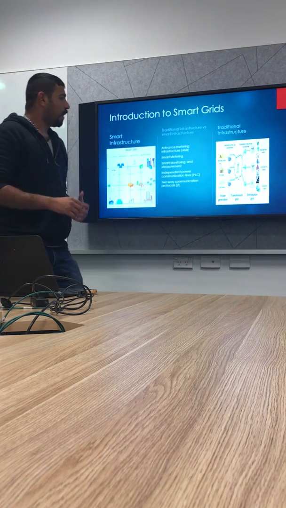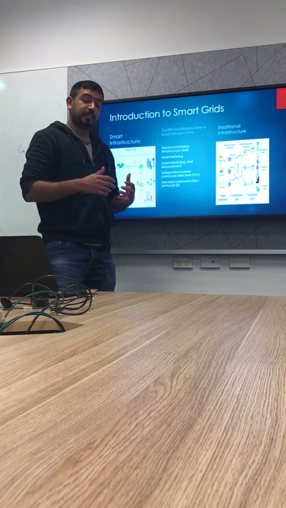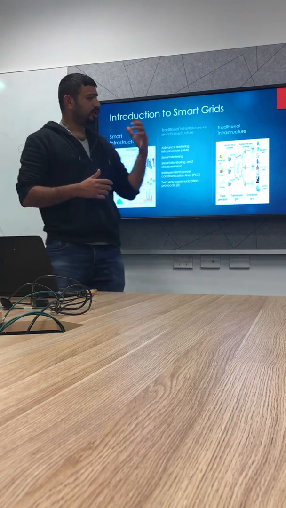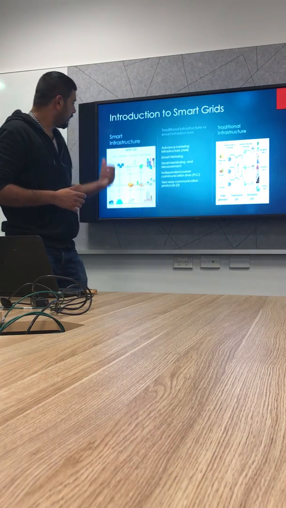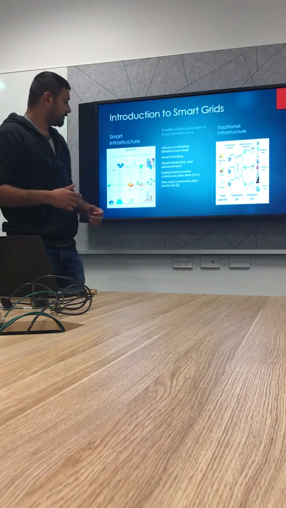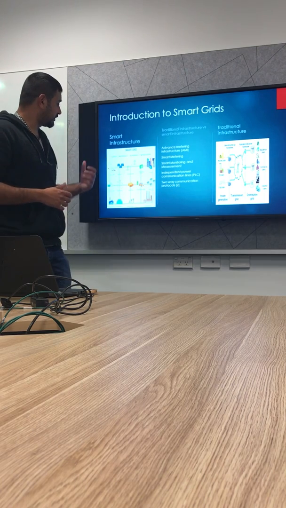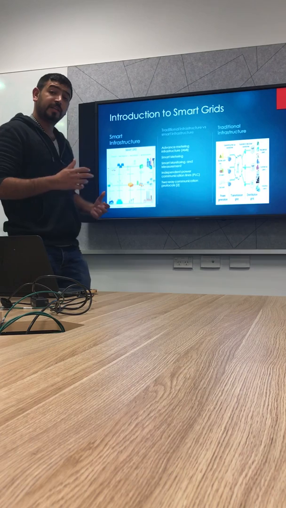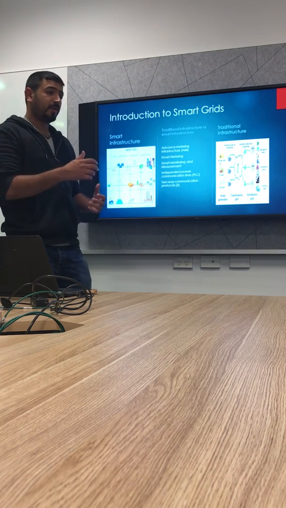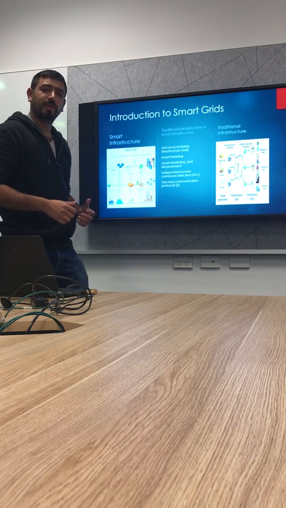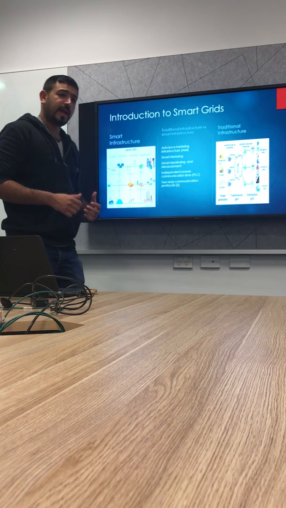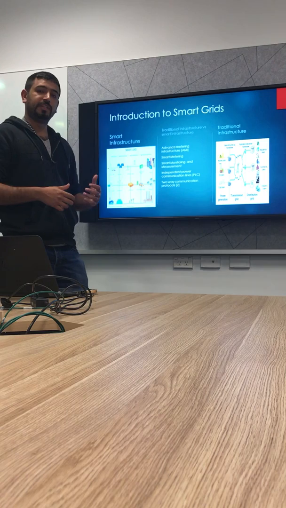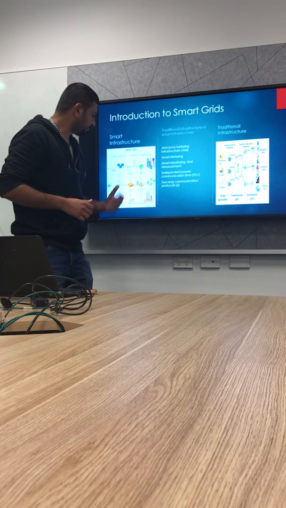So, what is basically the infrastructure difference between smart grids and traditional grids? This diagram represents the infrastructure of a smart grid. Smart grids accommodate the integration of renewable energy sources, and in this way they can enhance the capacity of the supply side.